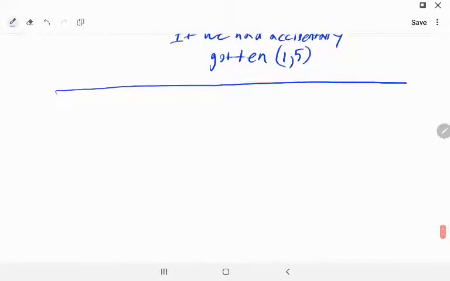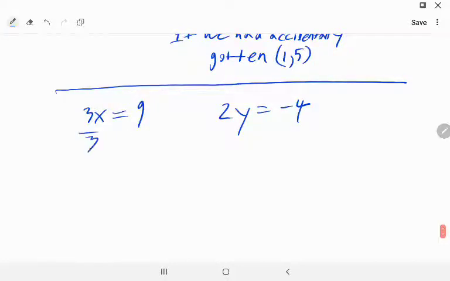We also notice that if we have equations with only one variable, like 3x equals 9 or 2y equals negative 4, when we solve them, we get x equals 3 for the first one and y equals negative 2 for the second one.